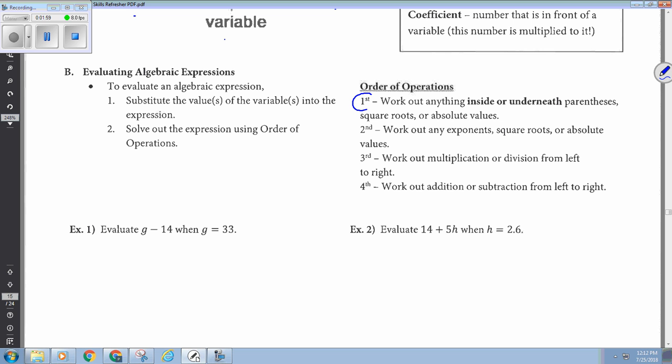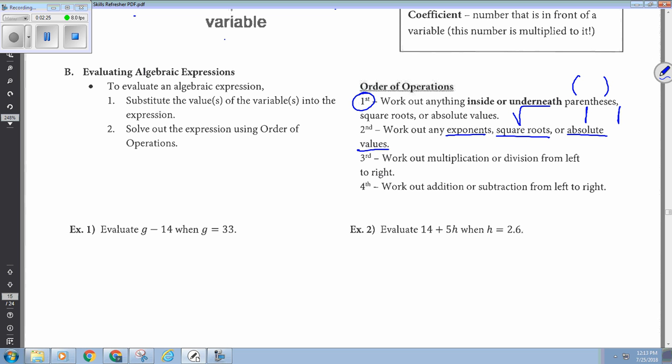First step, work out anything that's inside or underneath parentheses, square roots, absolute values. So if it's inside of a parentheses, underneath a square root, or inside of an absolute value, it must be worked out first. You have to get it down to a single number. Second, work out the exponent, the square root, or the absolute value.